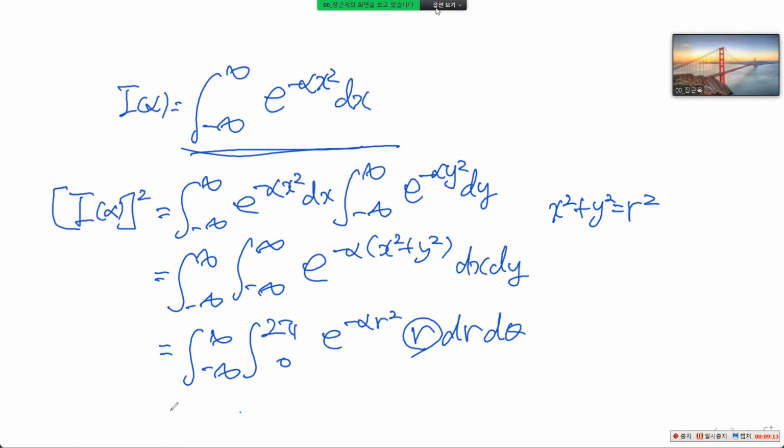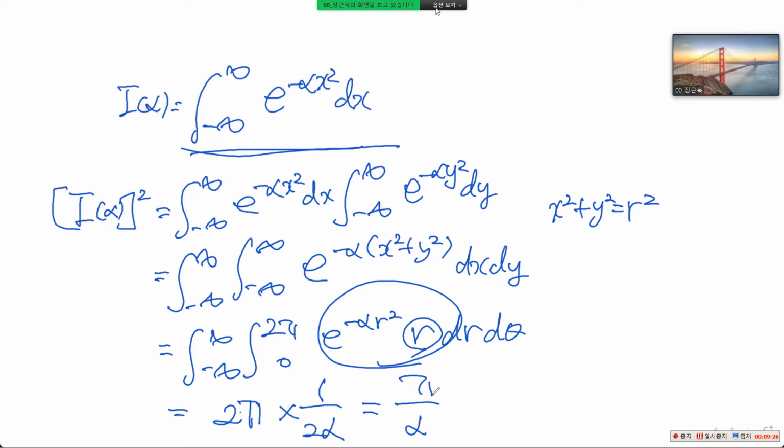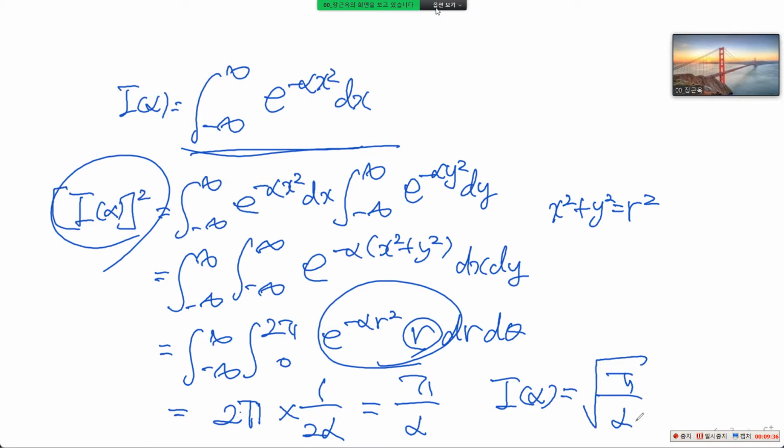So it gives 2 pi, and here the integration gives 1 divided by 2 alpha. So it gives pi divided by alpha. So we showed that I alpha squared is pi divided by alpha. So for I alpha, we can derive the square root of pi divided by alpha.